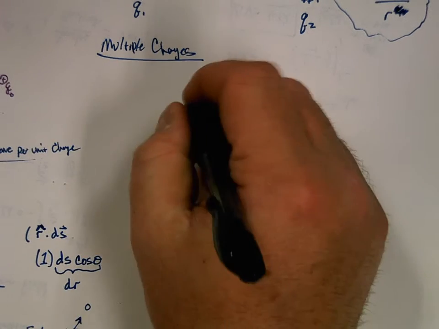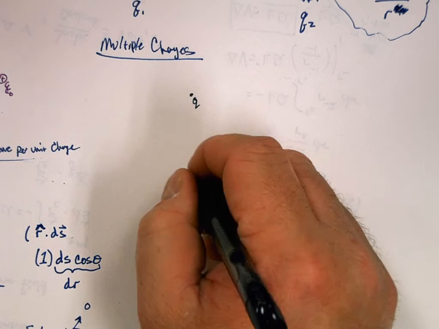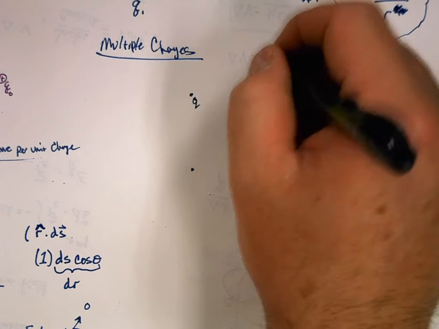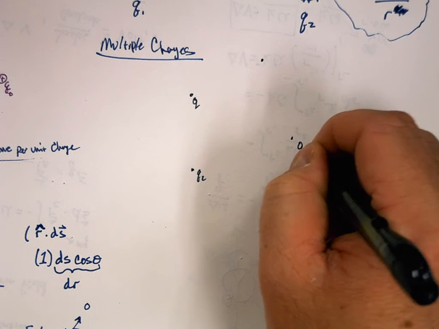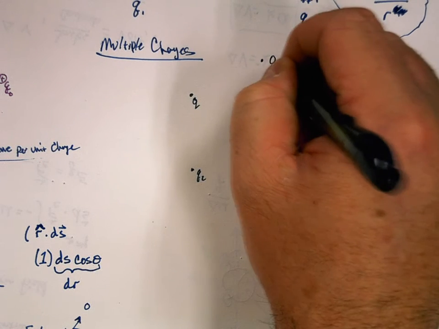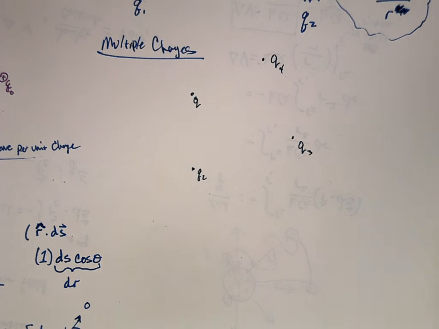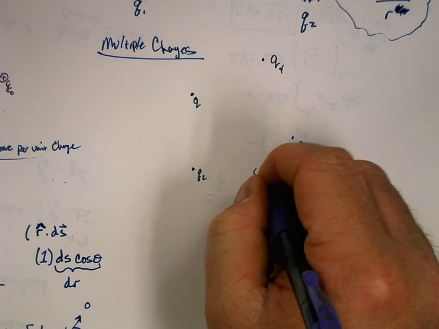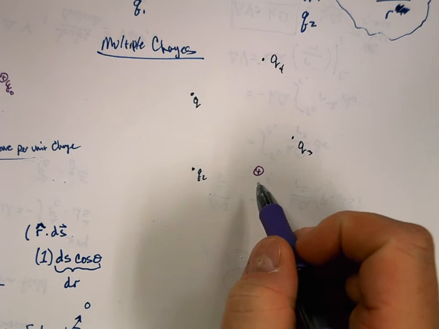So we've got a charge there, and we've got one here, and let's put one here, and let's put one way up here. Q2, Q3, Q4, and it doesn't matter what charge they are. They could be positive, they could be negative. And then we bring in our test charge, and we'll put our test charge right about here.